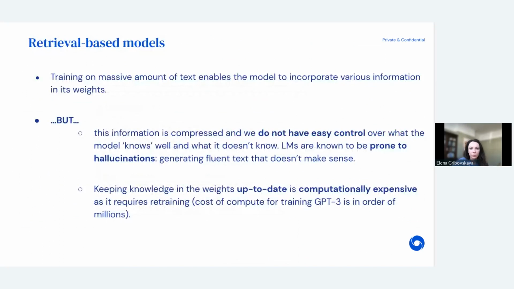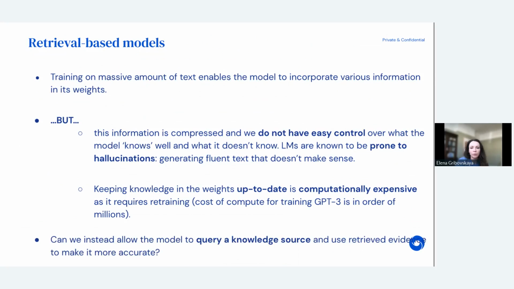So these are the two main problems of large-scale language models: hallucinations and lack of factual grounding, and keeping knowledge up to date, which is computationally expensive. Can we instead allow the model to query a knowledge source and use retrieved evidence to make the answer more accurate?